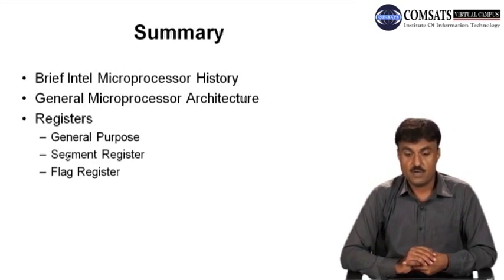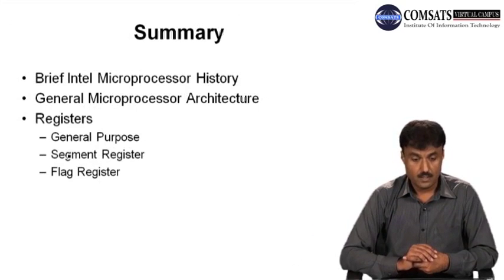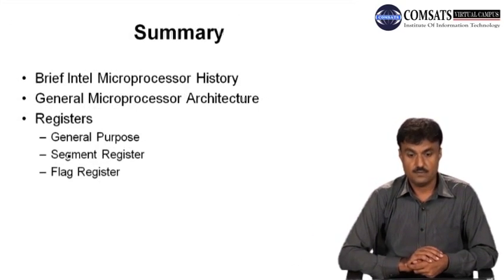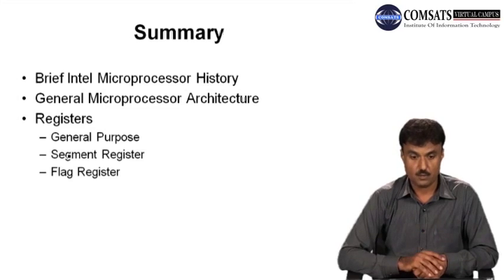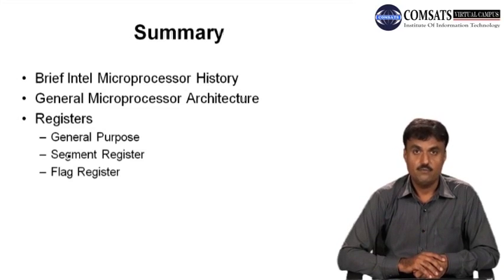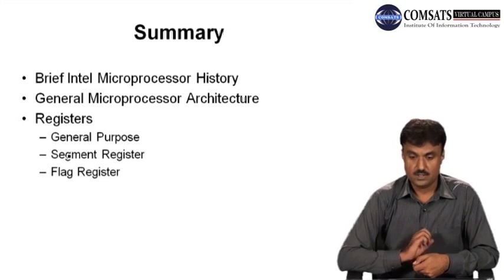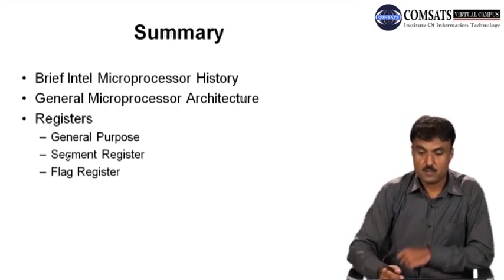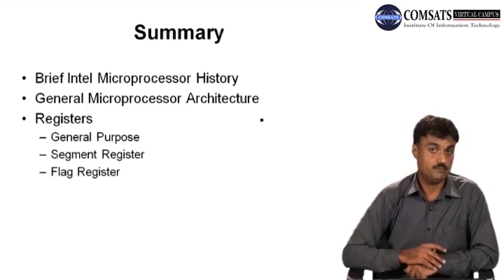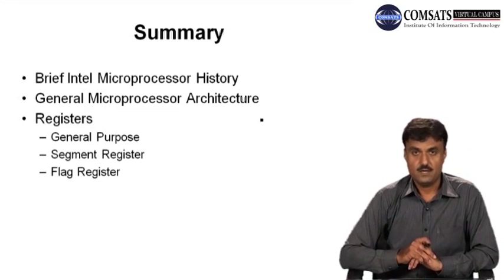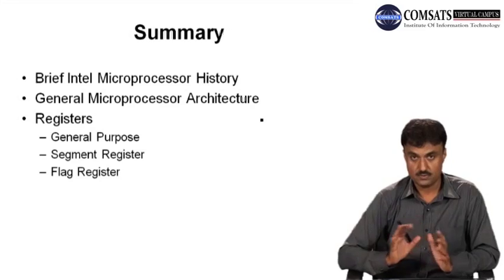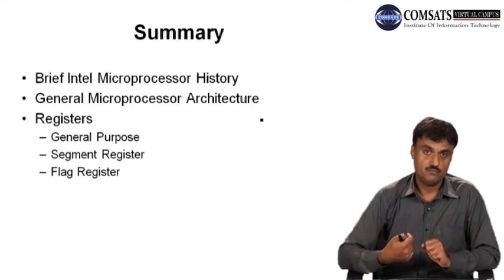Now we are going to summarize. In this lecture we discussed the brief history of the microprocessors, and the general microprocessor architecture, like the 8086 microprocessor. Inside the 8086, we discussed the bus interface unit and the execution unit, the two main sections, and some registers.